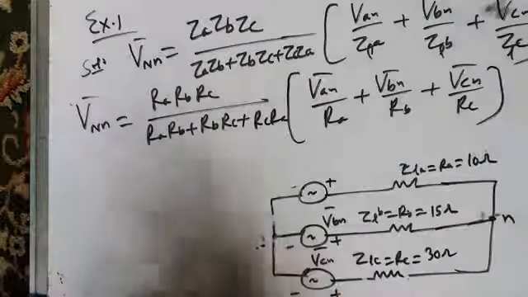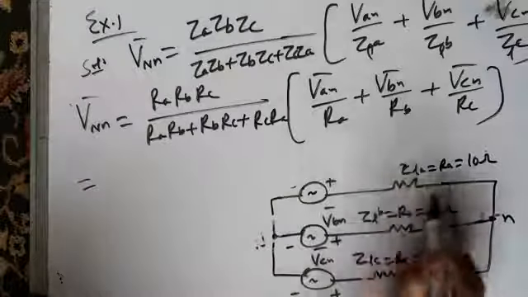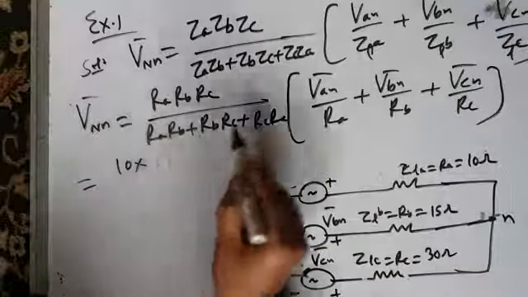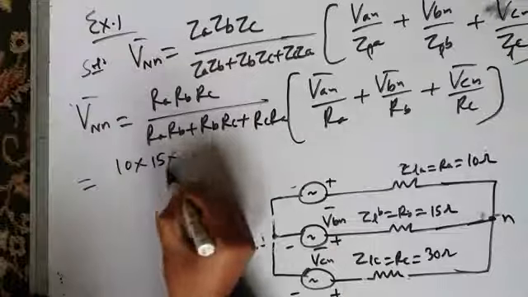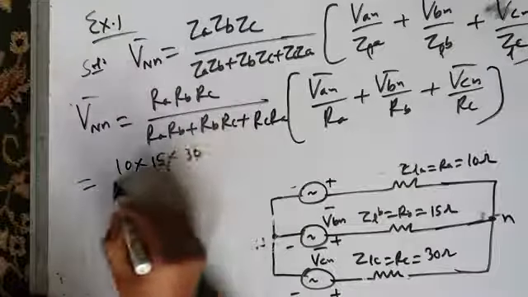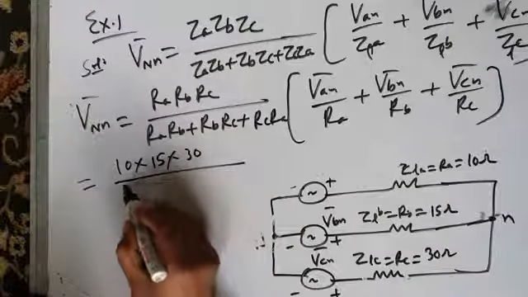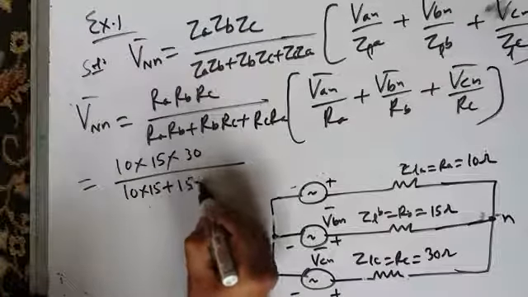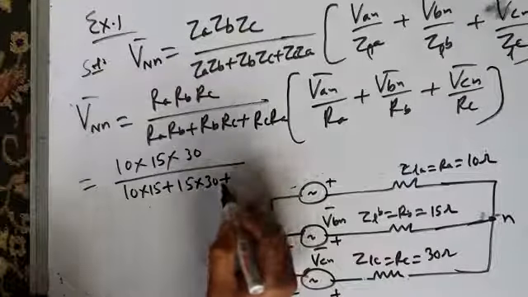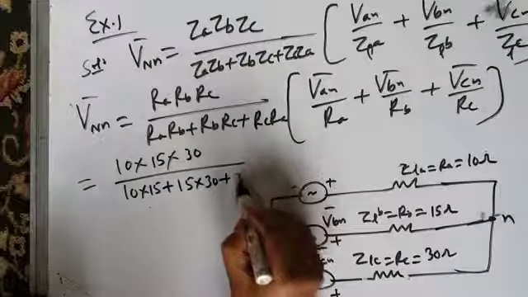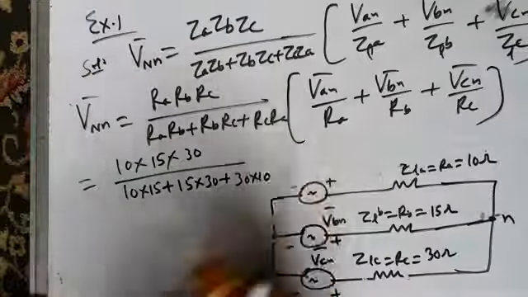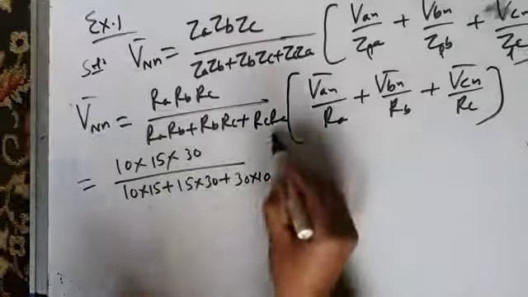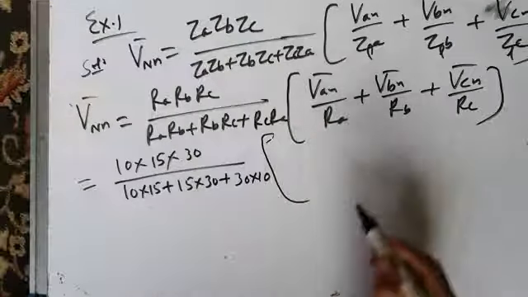Substitute the values. RA is 10, RB is 15, RC is 30, divided by RA RB, that is 10 into 15, plus RB RC, 15 into 30, plus RC RA, that is 30 into 10, whole multiplied by VAN.